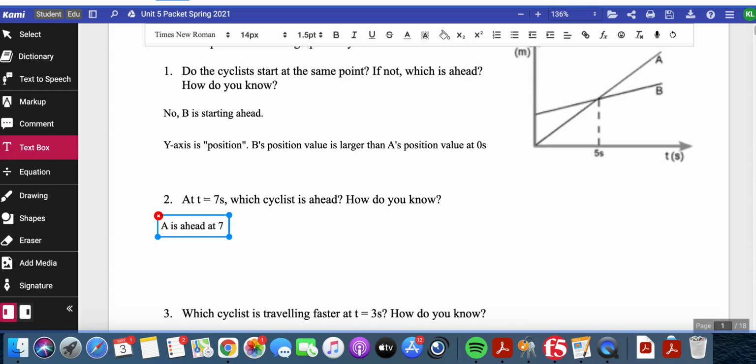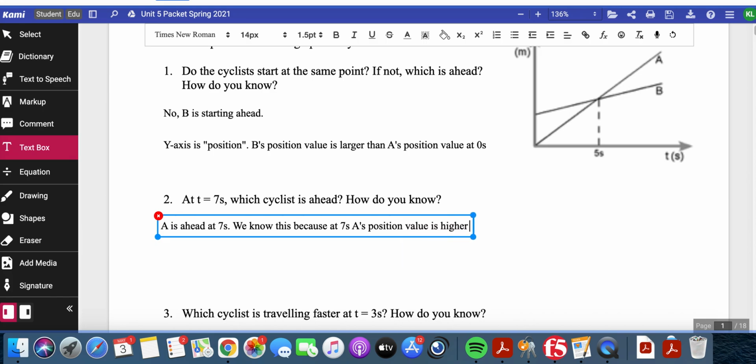So A is ahead at 7 seconds. We know this, and again, it's the same reason, because at 7 seconds, A's position value is higher than B's.